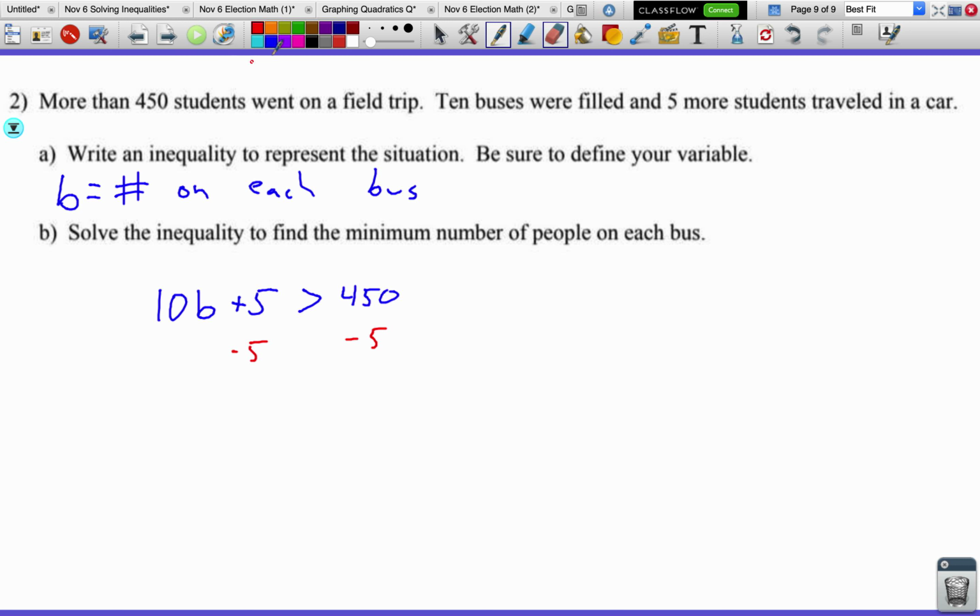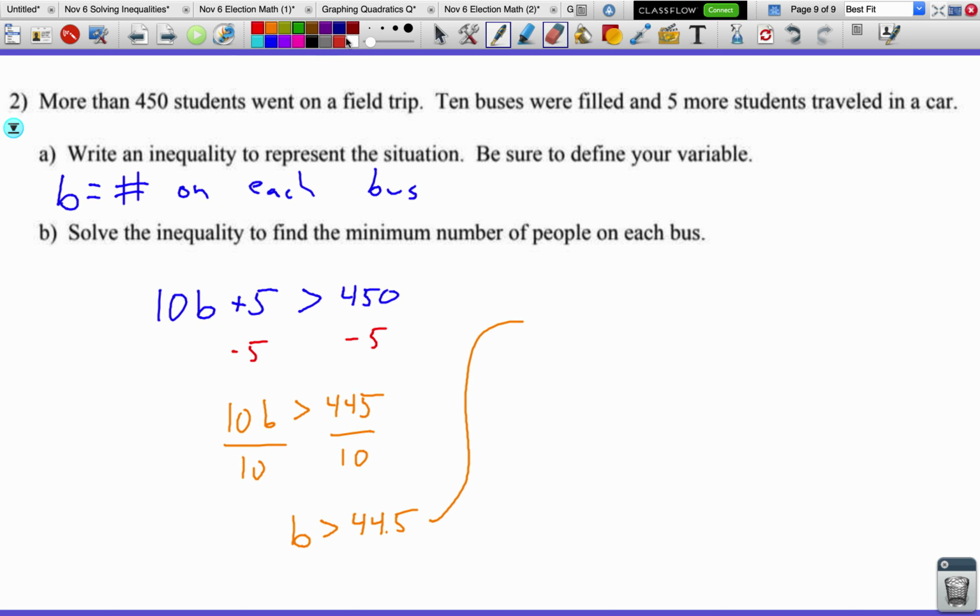All right, I'll subtract 5 from both sides. We get 10B is greater than 445. Divide both sides by 10. And we get B equals 44.5.